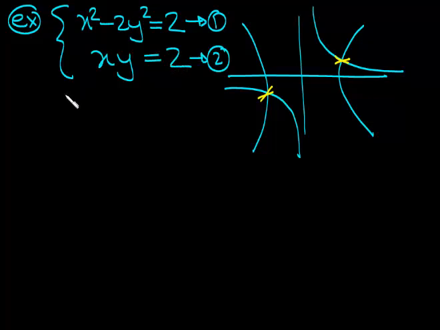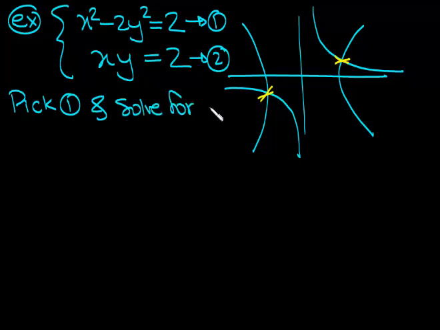Now what I'm going to do here is pick the first one and solve for x squared, not x, but for x squared. So equation 1 is x squared minus 2y squared is equal to 2.